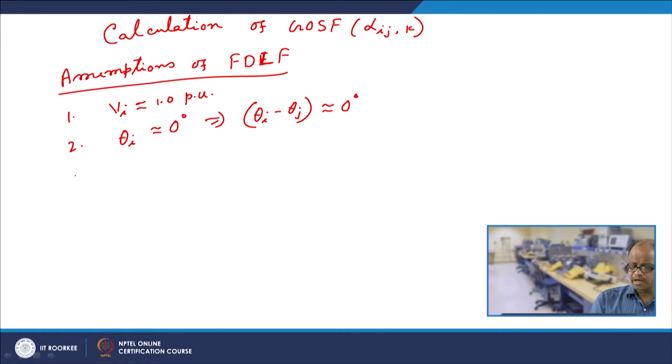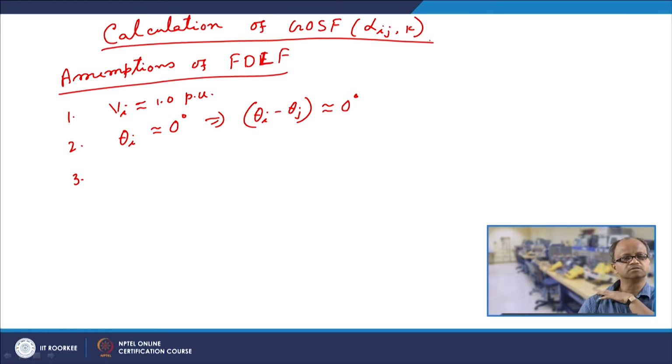Now, here we take another assumption. When we are calculating FDLF, all these lines are completely reactive, that is, the resistances are neglected. So, these are the three assumptions.